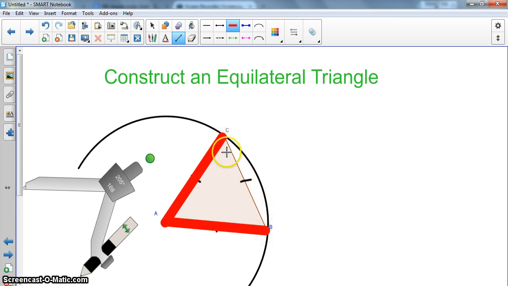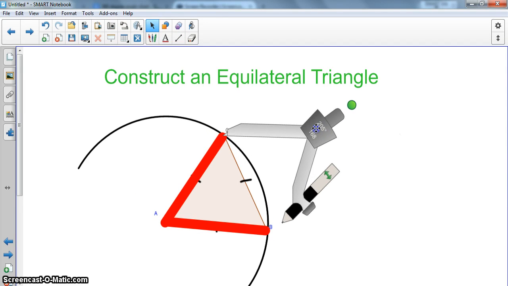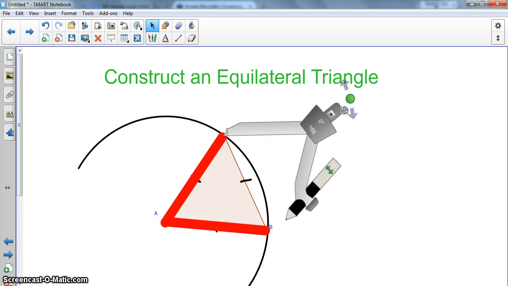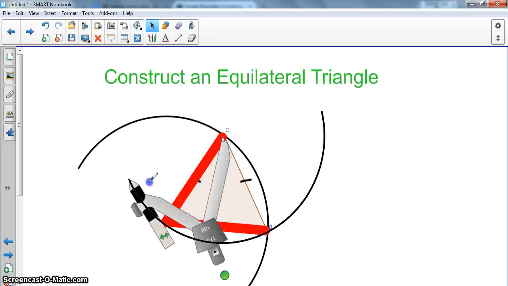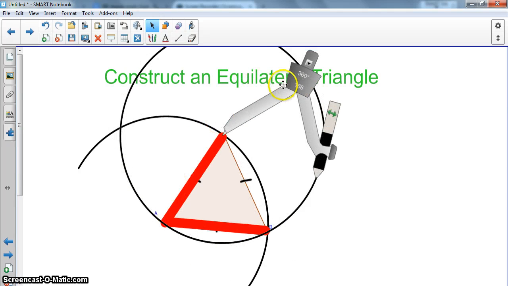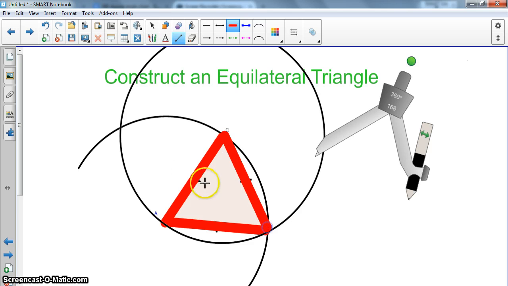And now how do we argue that this is the same as these two? So don't we do the same thing? I'm going to put one point on the center, and now if I use the same exact radius, then I can measure another circle here, right? That guarantees us that since this is the center of our circle, then this red segment that I have and now this red segment that I have have to be the same length, because they're radii of the exact same circle as well.